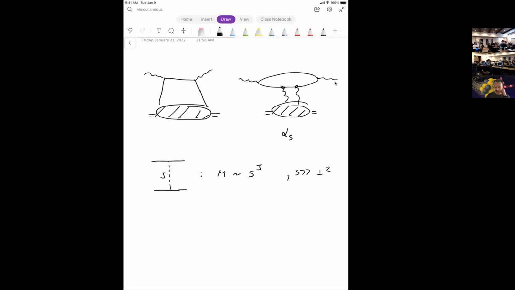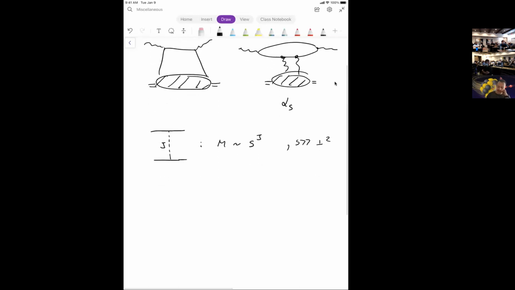So if you're interested in the total cross section, which would be this diagram squared, it would scale as m squared over s squared, so it would go as s to the 2j minus 2.